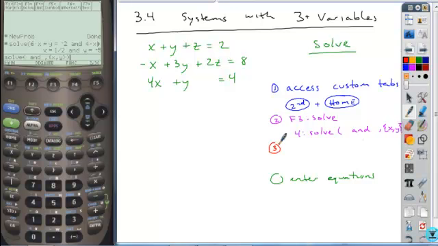Okay. In step 3 here, before we actually enter the equations, we're going to have to add extra spaces for the third or more equations.